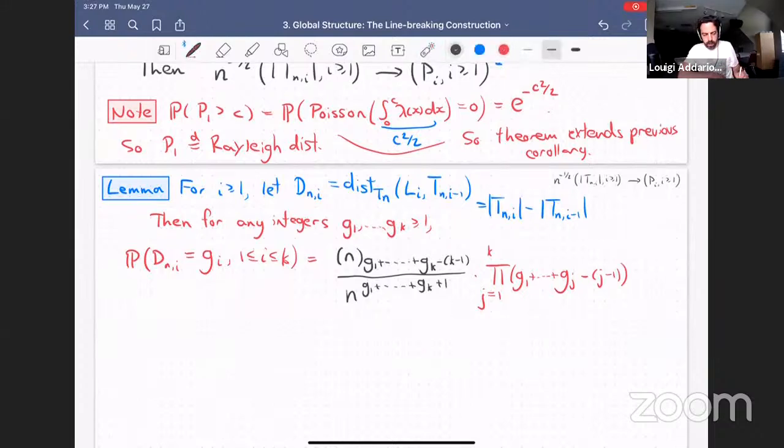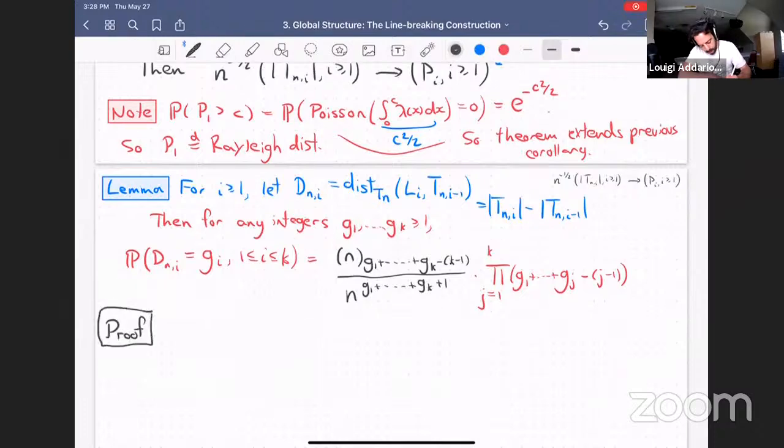So where does this expression come from? Well, we're really just going to think about what it means for the bijection to yield a tree where the ith branch length is gi for each i from 1 to k. What has to happen with the sequence of values v1 up to vn minus 1 in order for this to occur?